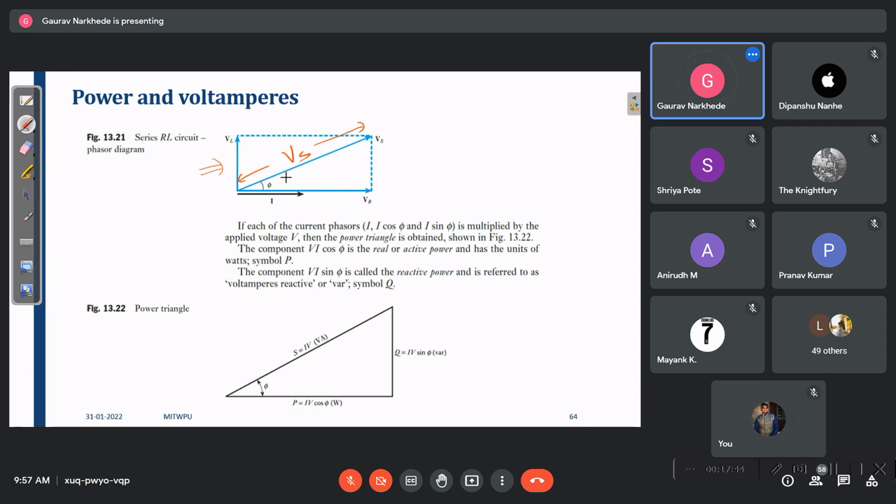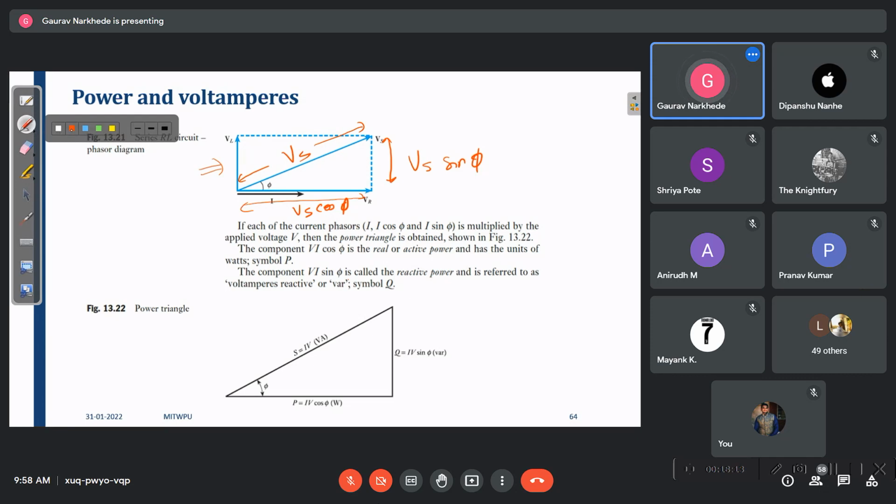Now if this is VS, I want to calculate VR from VS. So can I write it as VS cos phi is nothing but this side, correct? And this side will be VS sin phi, correct? So this thing we know.